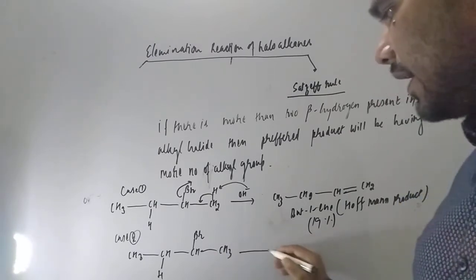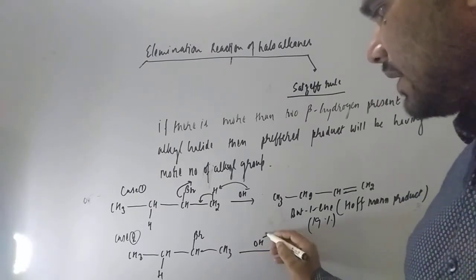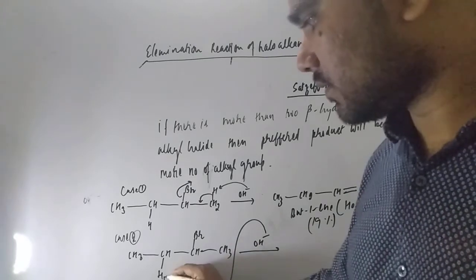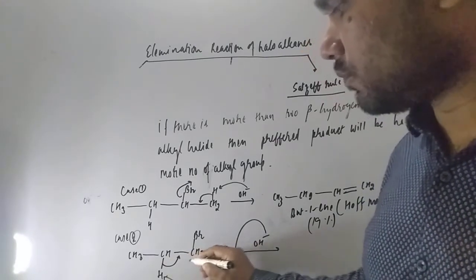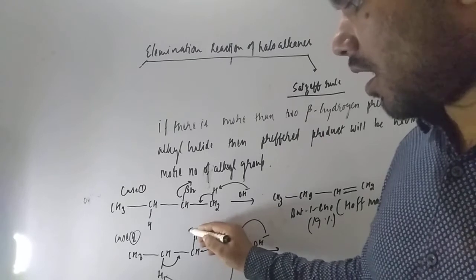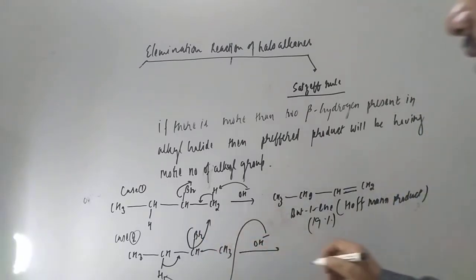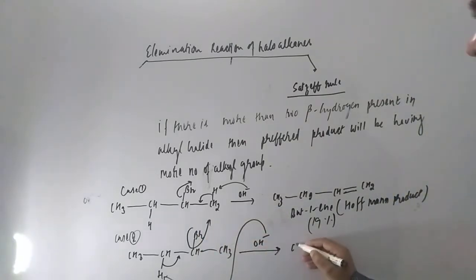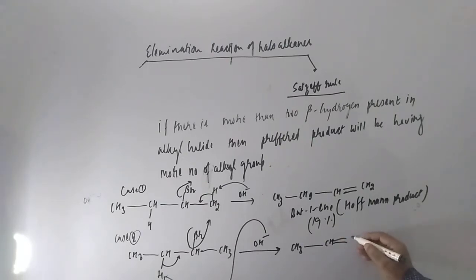If the OH ion is attacking this hydrogen, this bond will be shifting here, and the bromine will be out. So the compound formed, students, you see CH3, now it is CH, and this bond is shifting here, so this will be a double bond, and here is CH, and that is CH3.